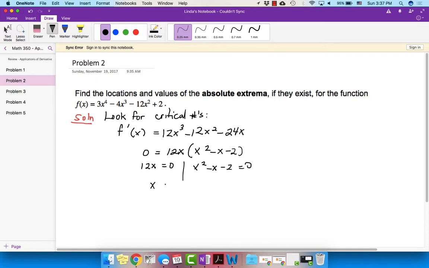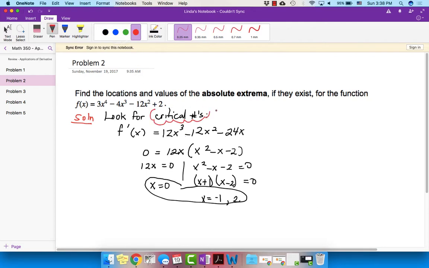In this case, s equals 0. And if we factor, we have s plus 1 and s minus 2, which means s is negative 1 or positive 2. These three values are what we call critical numbers.